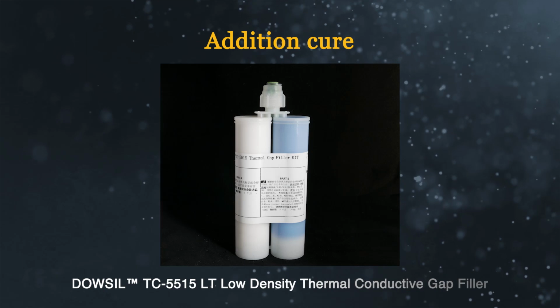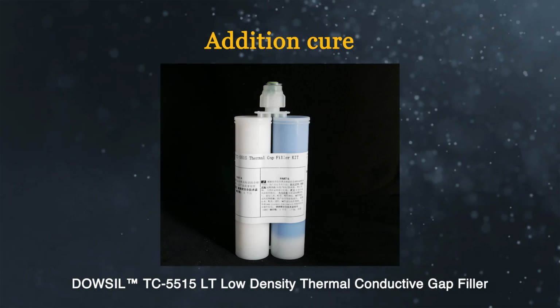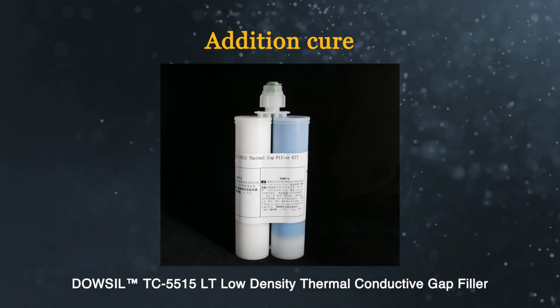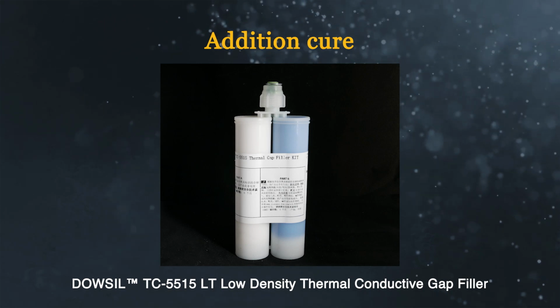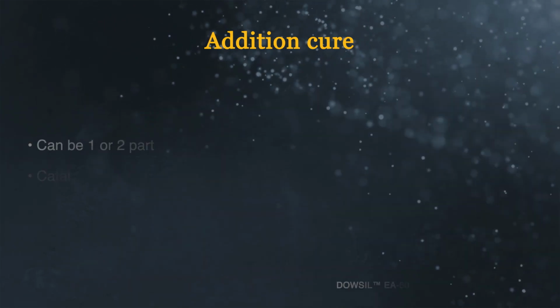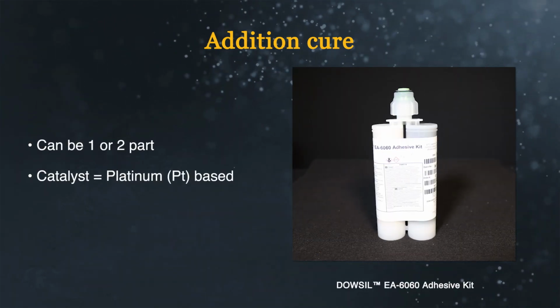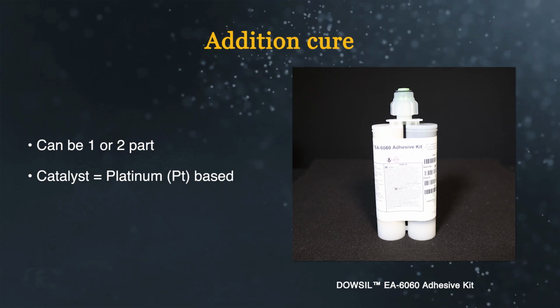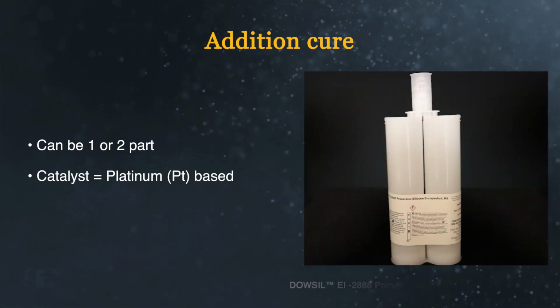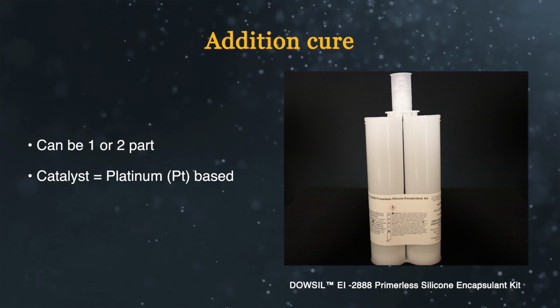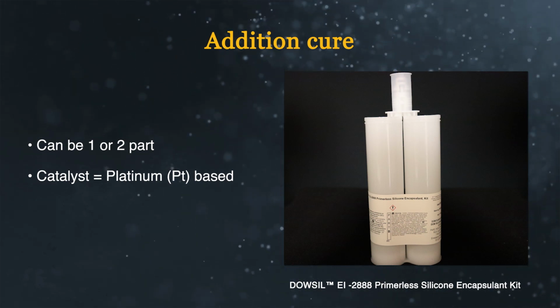The third cure type we will discuss is called addition cure, or sometimes platinum cure due to its organoplatinum-based catalyst. These are 1 or 2-part, and some formulations must be cured with higher temperatures, while others can be cured at room temperature and greatly accelerated with heat.